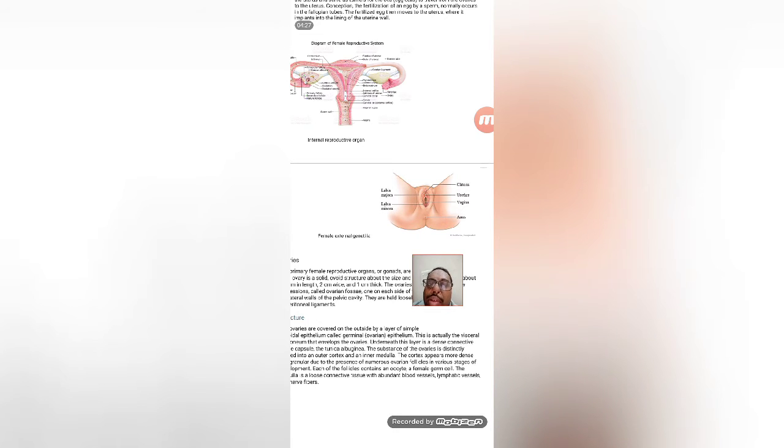Then we have the birth canal, and the labia majora and labia minora join in one place known as the clitoris, which will erect during sexual intercourse or whenever the female gets sexual exposure.